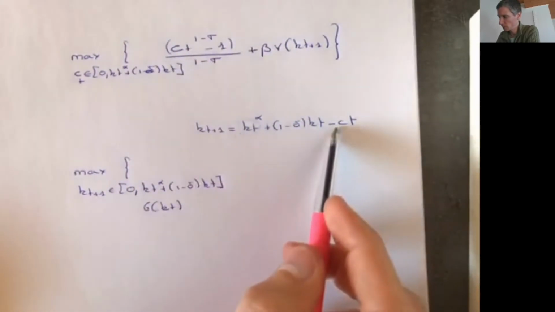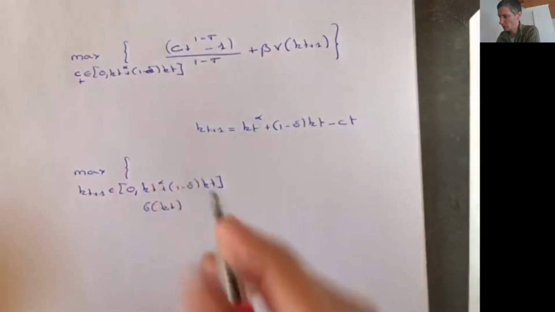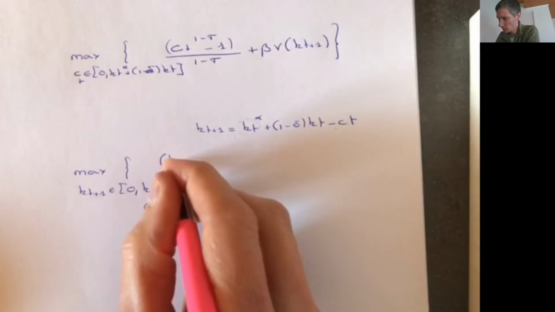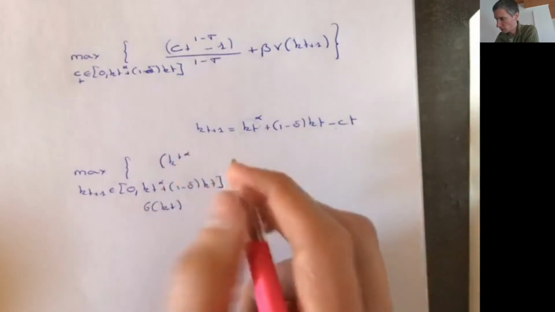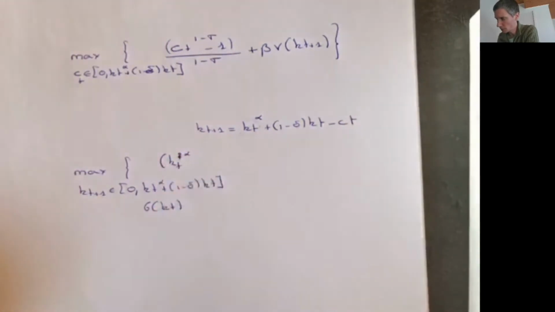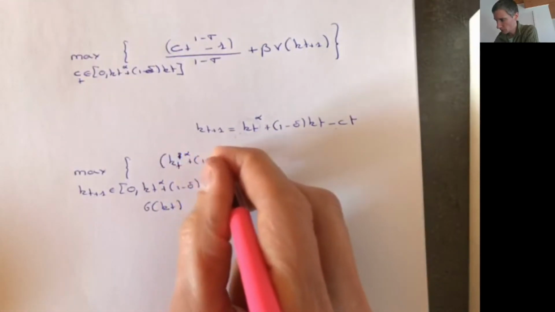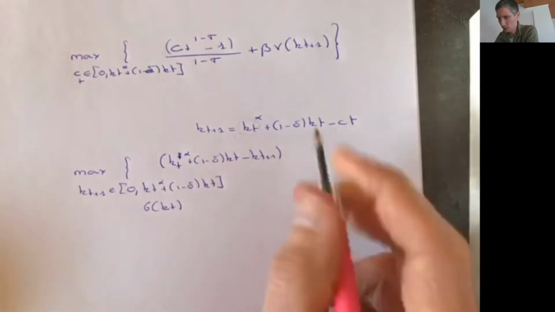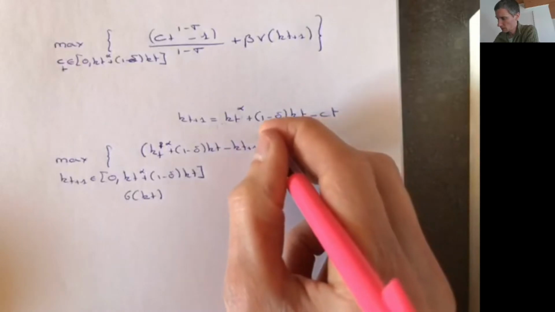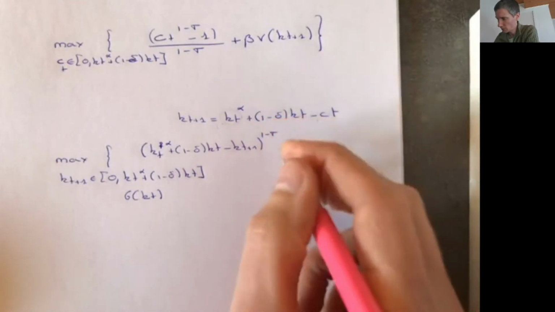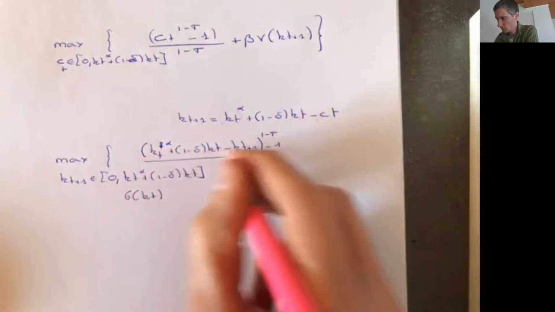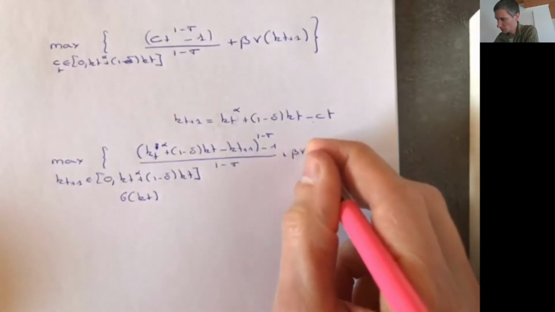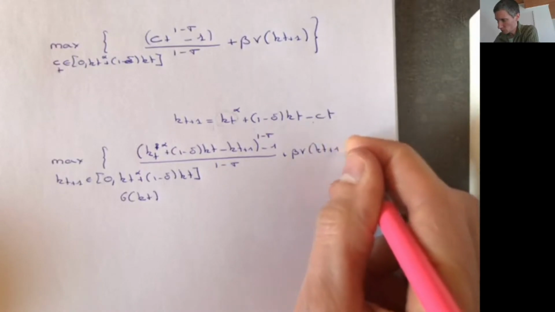If I substitute c t and plug it in here, then I get k t to the power alpha plus 1 minus delta k t minus k t plus 1, and then to the power 1 minus sigma, minus 1, divided by 1 minus sigma, and then plus beta V of k t plus 1.